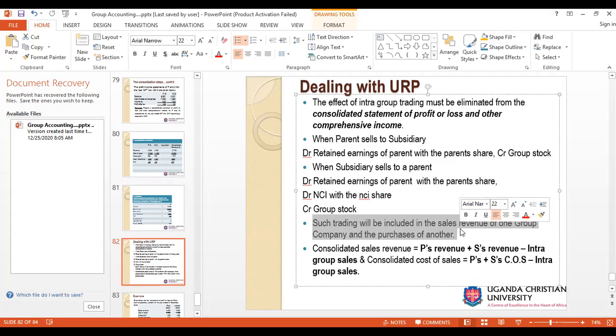Because the parent is selling to the subsidiary, or the subsidiary is selling to the parent, it means one is receiving revenue and the other is incurring a cost.